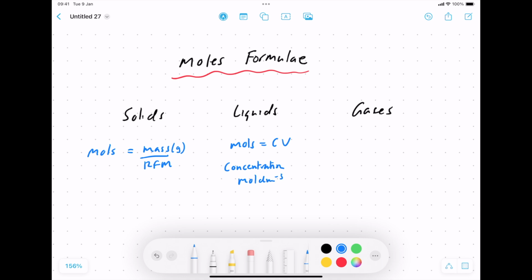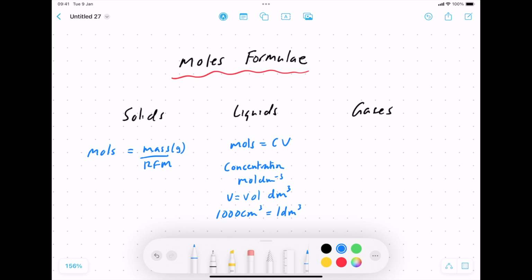And then the volume is always in decimeter cubed, which means if you were supplied with a solution volume in centimeter cubed, you have to remember to convert from centimeter cubed into decimeter cubed before you plug it into this formula. 1,000 centimeter cubed is 1 decimeter cubed, which is also known as a litre. So must remember to put the volume in decimeter cubed.